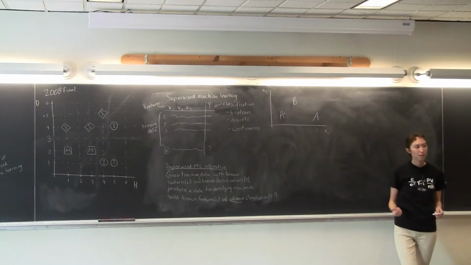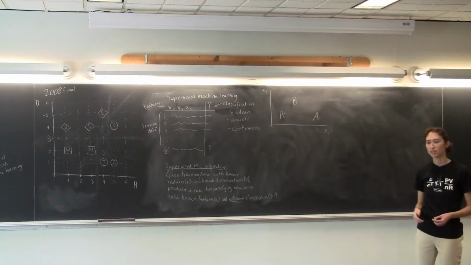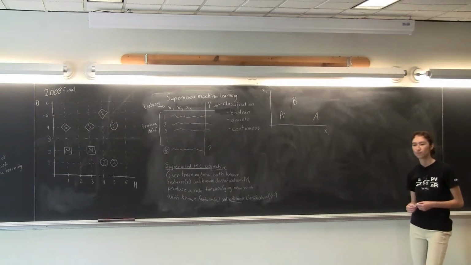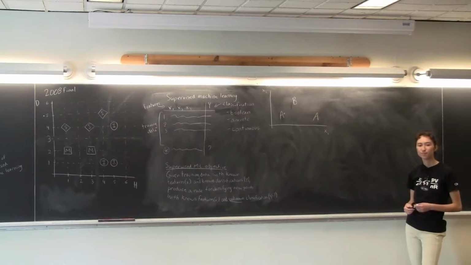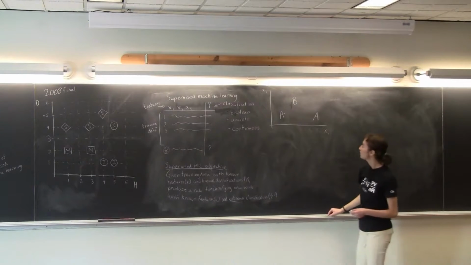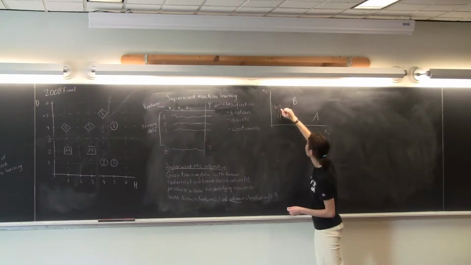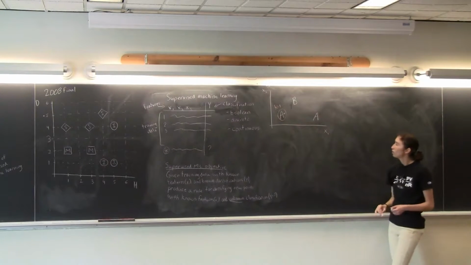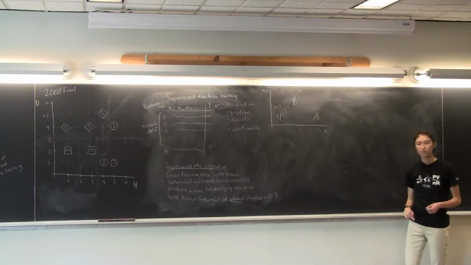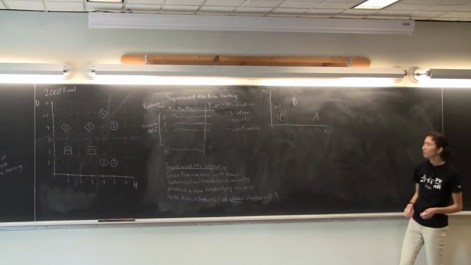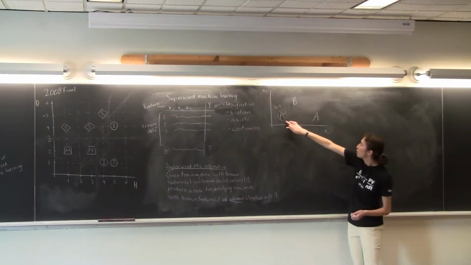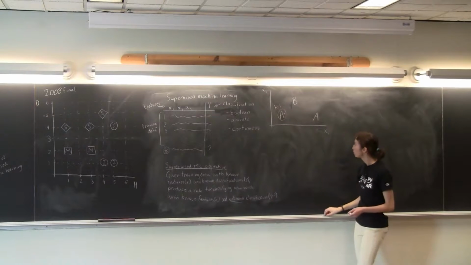How would we classify that using k equals 1, so looking at its one nearest neighbor? We classify it as A? Yeah, we would classify it as A because k equals 1 means that we're just looking at this one nearest neighbor. What about k equals 2? We can't really tell because it's two nearest neighbors. One of them's an A and the other one's a B, so that's going to be a tie.